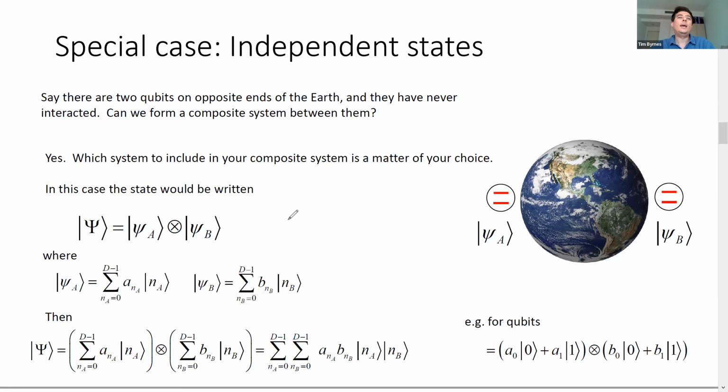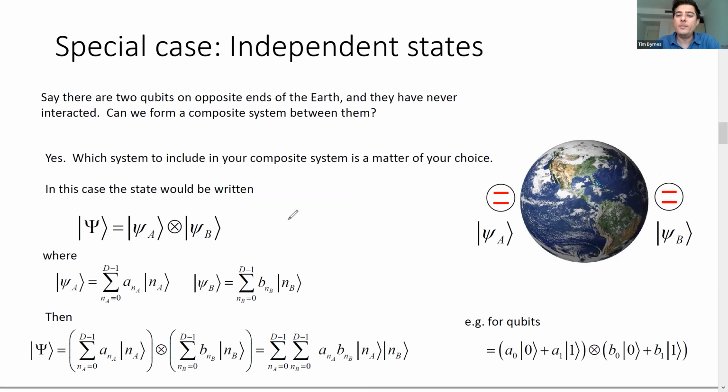Basically, it's a question of whether it's important to take into account or not. For example, if these are completely independent, imagine that you're Alice doing some experiment on this qubit here, and you're wondering whether Bob's qubit, which is on the other end of the Earth, maybe in Brazil, needs to be taken into account in your calculation.